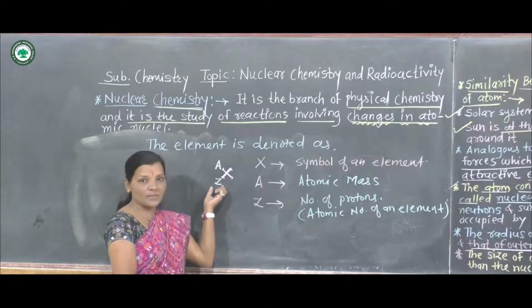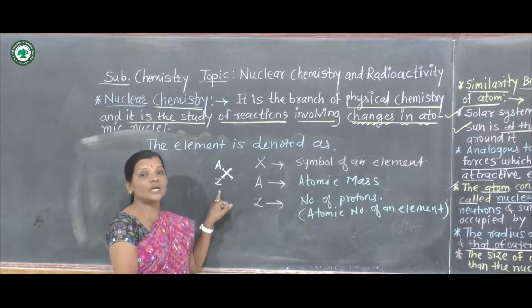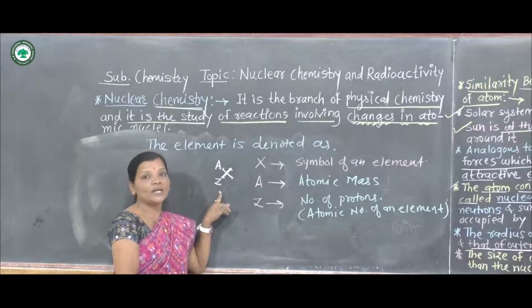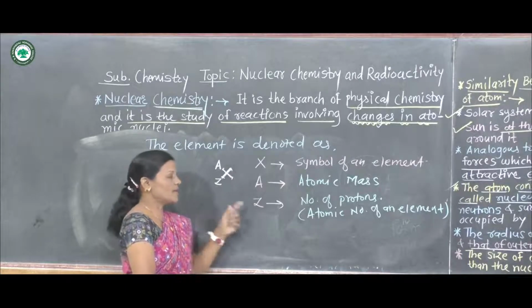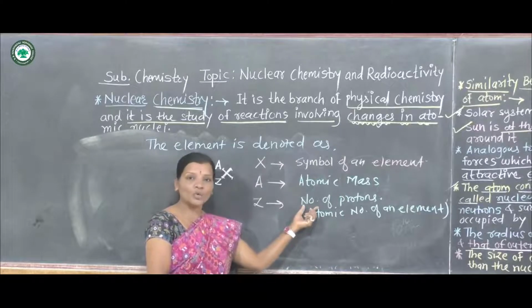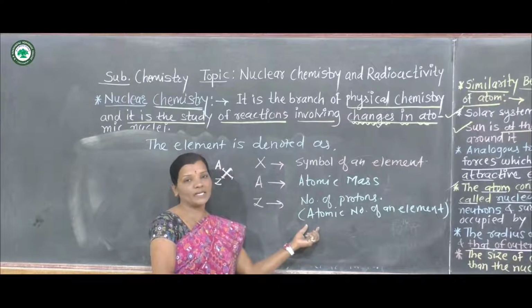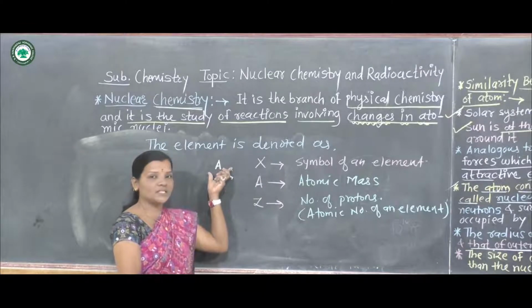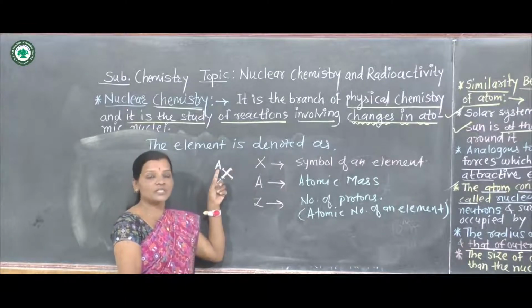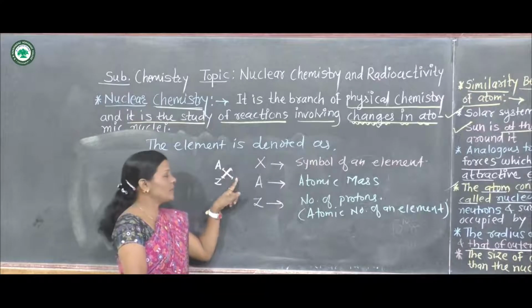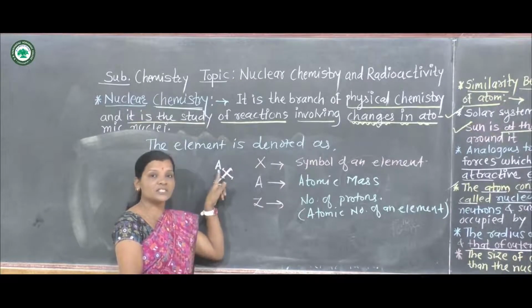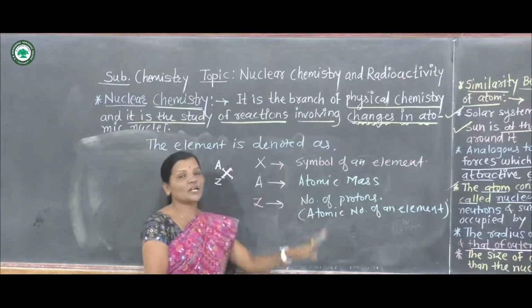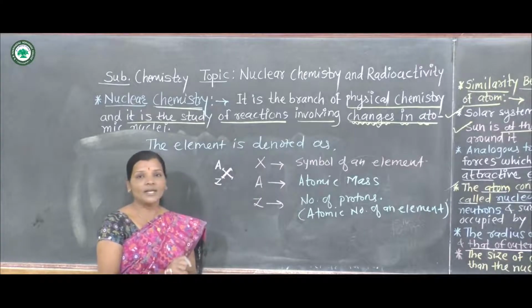The subscript is always written to the left hand side of the elemental symbol, and it represents the number of protons and the atomic number of that element. The superscript, also to the left hand side, indicates the atomic mass of that element.